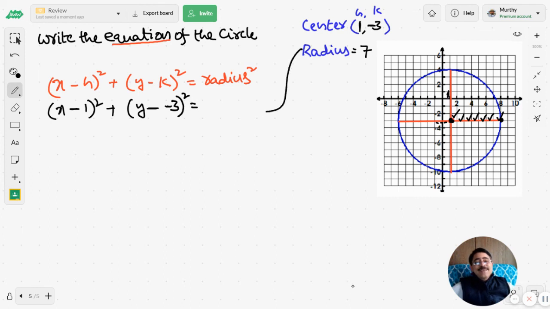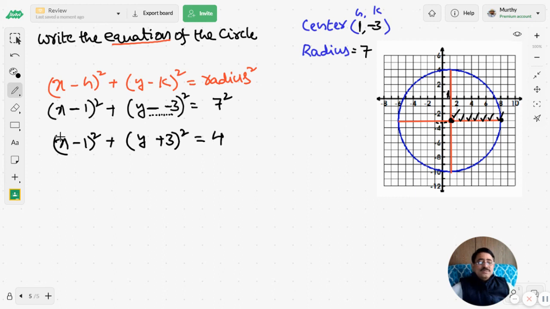And what is the radius? 7 units, therefore 7 square. Always, when the signs occur side by side, you have to multiply them. You know that (x minus 1) square plus (y plus 3) square equals 7 square. 7 times 7, 49. Okay.